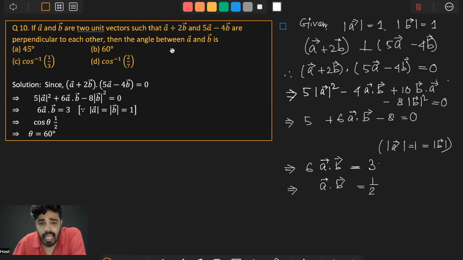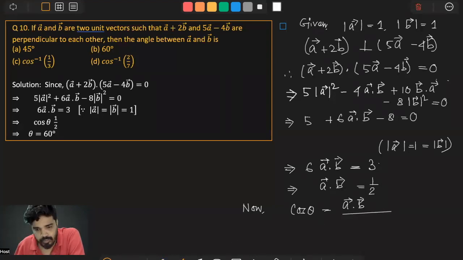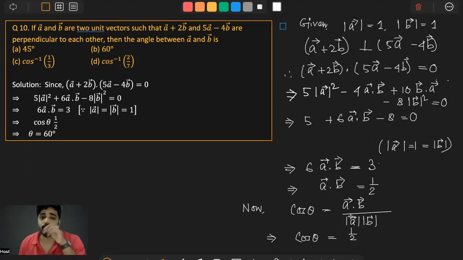We have to find the angle between A and B. Now we know cos theta is A dot B divided by modulus A into modulus B. A dot B is 1 by 2, modulus A is 1, modulus B is also 1 because A and B are unit vectors.